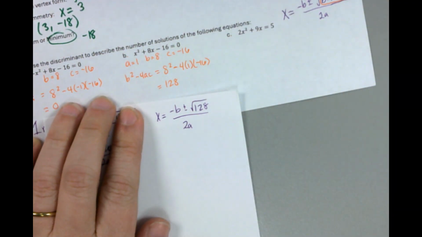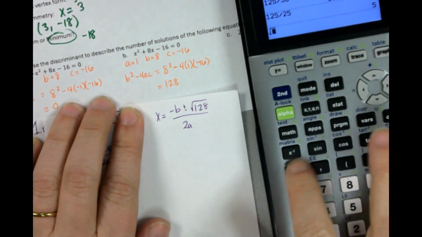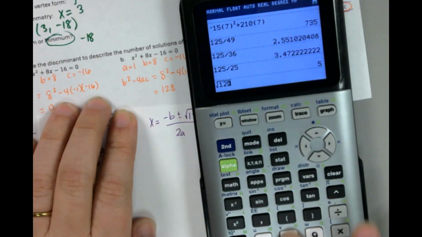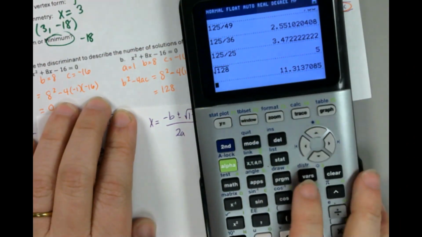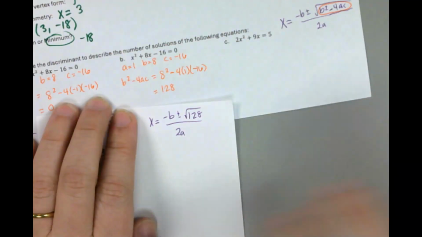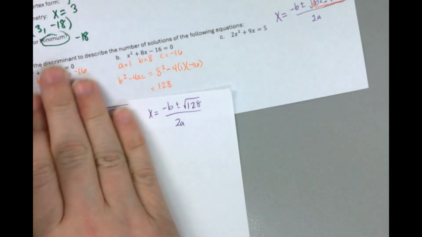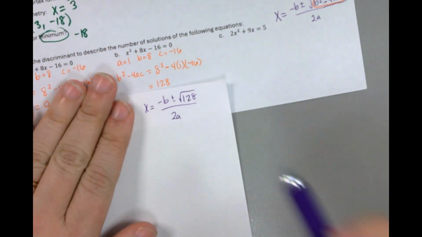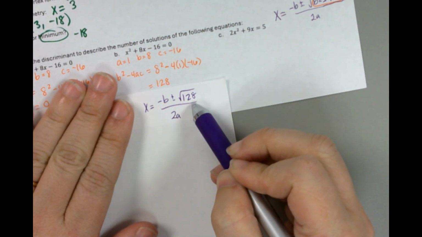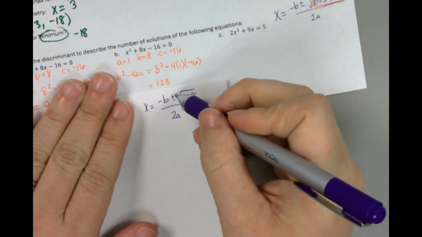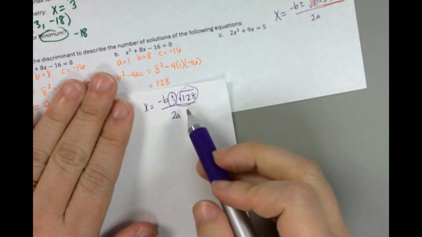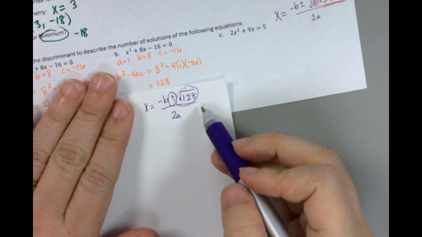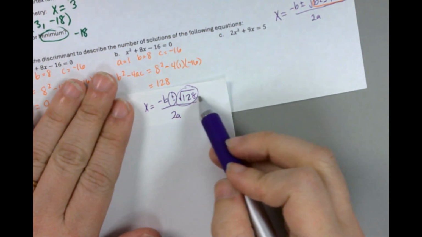128 is not a perfect square. If I try to take the square root of 128, I get something nasty. I can simplify the square root of 128, but ultimately my answer will still have a square root in it, and it will still have a plus or minus in it. What it will not have is i, because the discriminant is still a positive number.